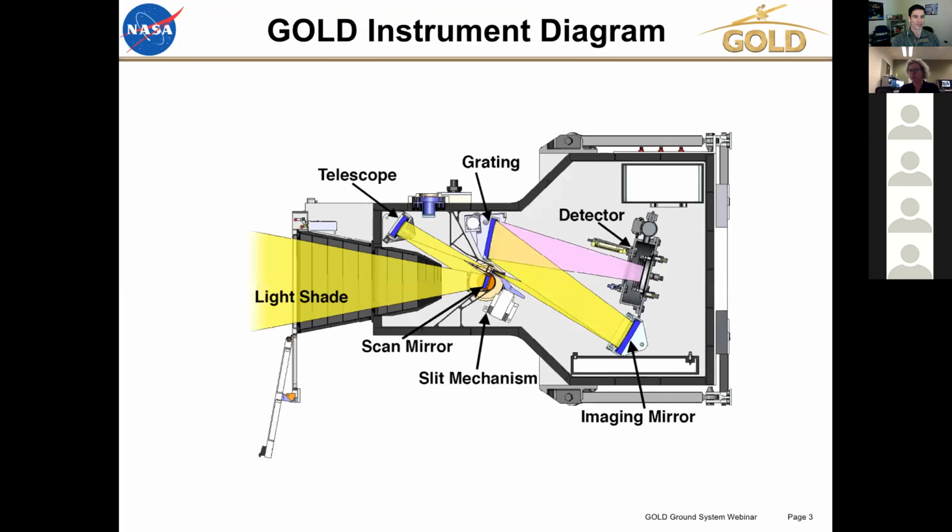They can do 15 orbits in a day, but they get just a very small slice. The advantage for GOLD is that because we're in geostationary orbit, within 24 minutes we get full coverage of the portion that we can see. And so it's really nice that we can look at long-term trends and how the atmosphere evolves based on response from the solar input. And that's unique to GOLD because, again, the majority of previous missions have just had this small time slice of a very small portion of the atmosphere.